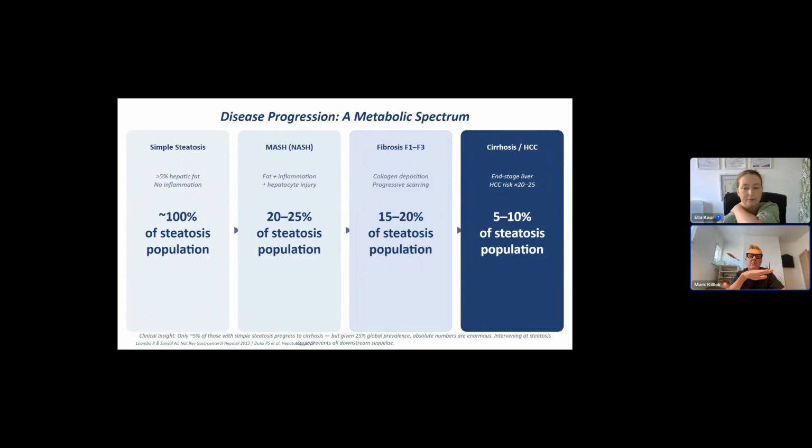You can see we can pass through different stages of the disease, from simple steatosis, where we've got fat buildup within the liver, right through to cirrhosis, and it depends at what stage the client or patient is as to how effective our interventions are going to be.